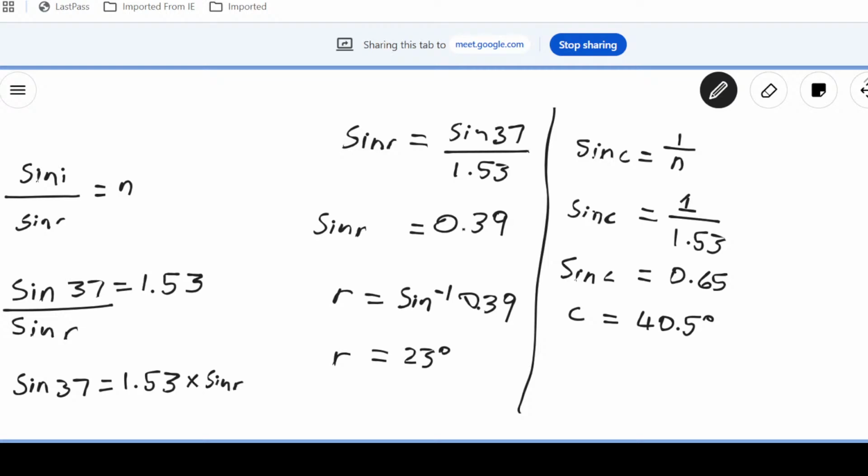So the critical angle, let me see if I, I was going to bring it up.